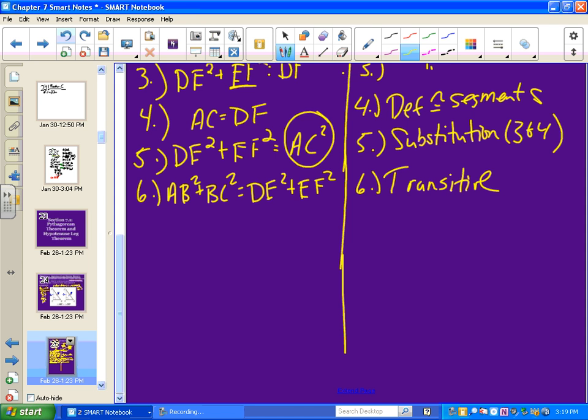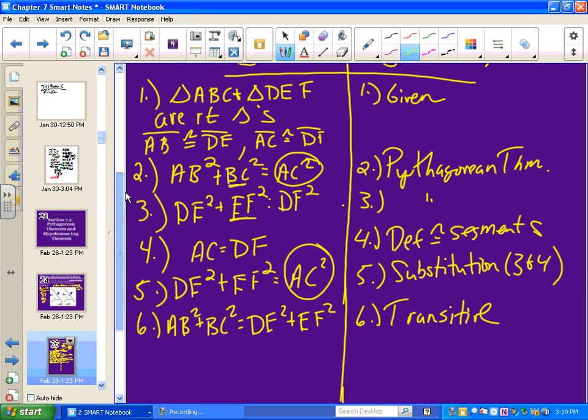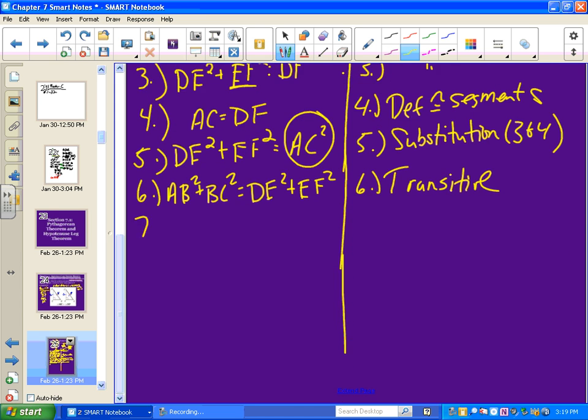Well, we now have BC and EF on the same line. They're in the same step. They're in step 6. Now all we have to do is figure out how to get rid of AB and DE. But we know that AB is congruent to DE. So since they're congruent, that means they're also equal. We're told from the given that AB is congruent to DE, so now we make them equal.